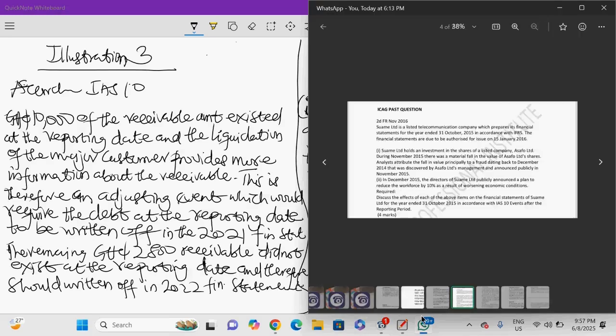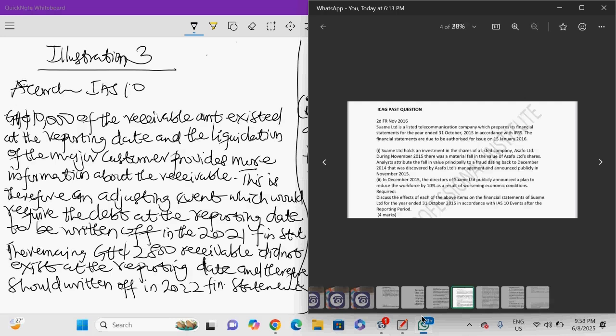The next one: in December 2015, the directors of some limited publicly announced a plan to reduce the workers by 10% as a result of worsening economic conditions. So is it an adjusting event or non-adjusting event? There was no obligation, right? No legal or constructive obligation existed. So it becomes a non-adjusting event.